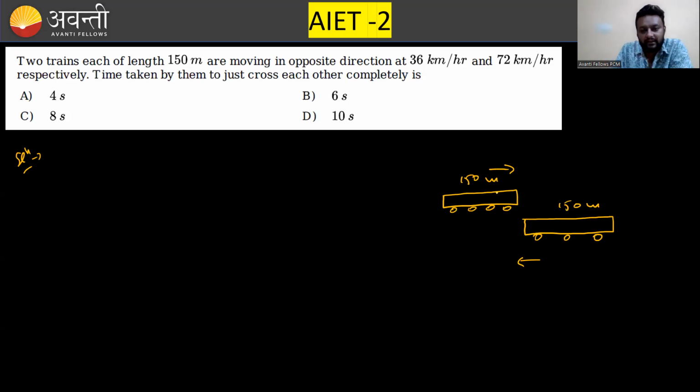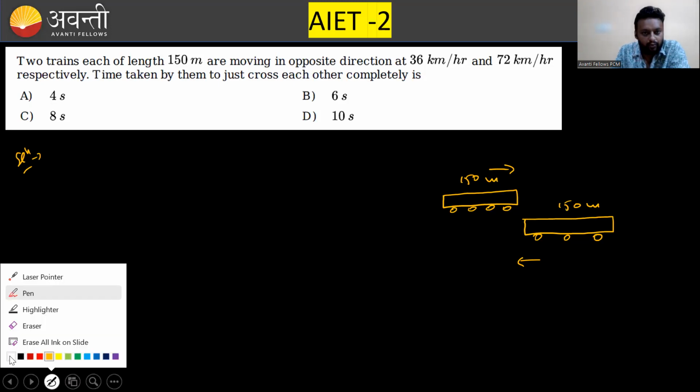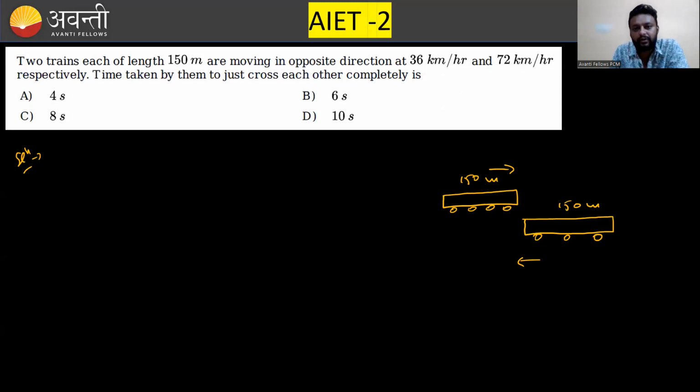Now, the speed of the first train is given as 36 kilometer per hour. So in meter per second, because answers are in seconds, that will become 36 multiplied by 5 by 18, that is 10 meter per second.